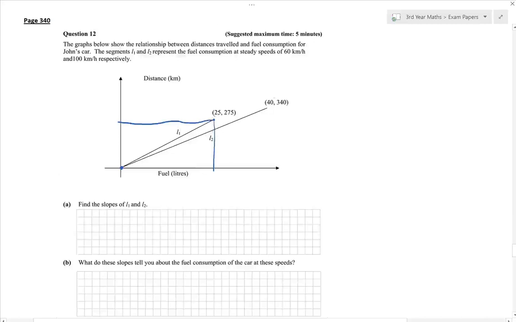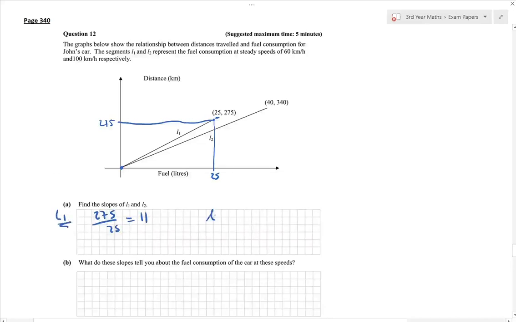So this is our x value. So the distance from here to here is 25, and this is our y value, 275. Okay, so we could say the rise over the run is 275 over 25, which is 11. So that's for line 1.